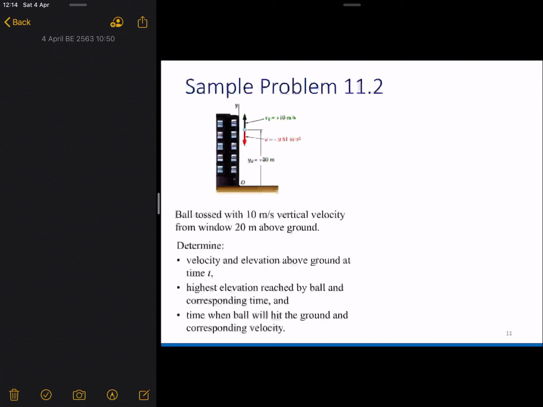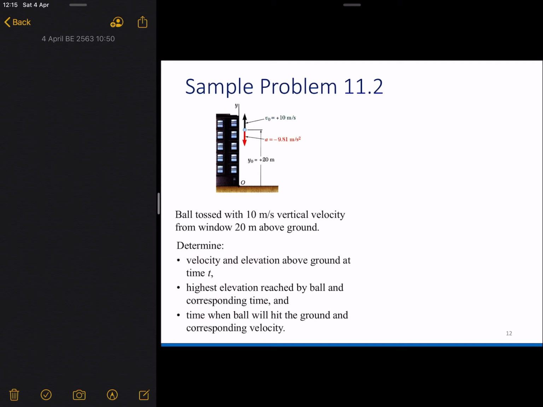Okay, so for the first example, let's read it through. We have a ball tossed, so we're throwing the ball with a velocity of 10 meters per second vertically, and we throw it from a window 20 meters above the ground. The question is the velocity and elevation above the ground at time t.